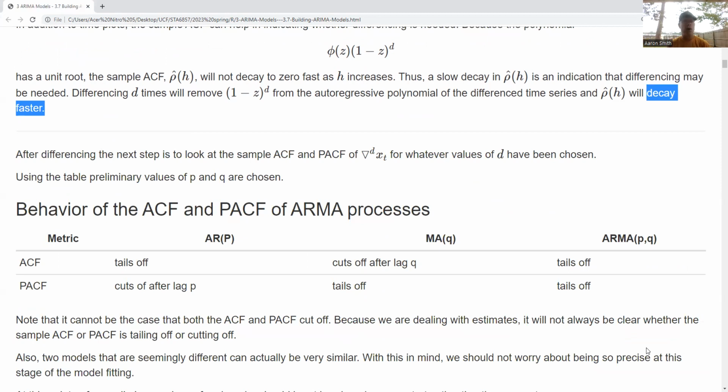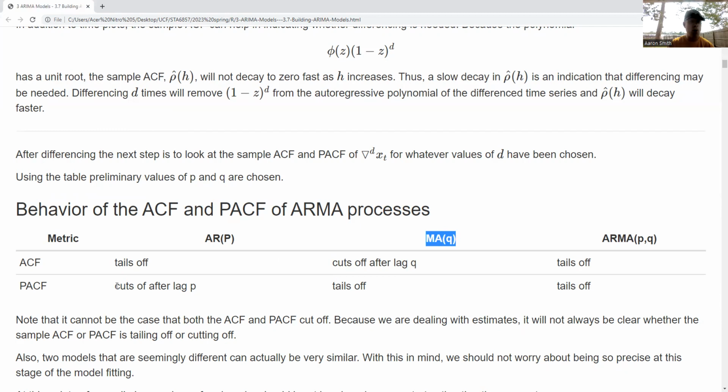Now, after differencing, the next step is to look at the sample autocorrelation function and partial autocorrelation function for your difference data, and then check to see, do we have those cutoffs to determine what type of model I should have. If we see that the autocorrelation function cuts off after a lag of Q, I want to do an MAQ model.